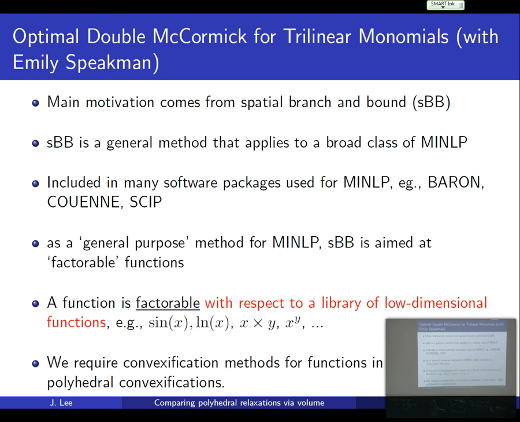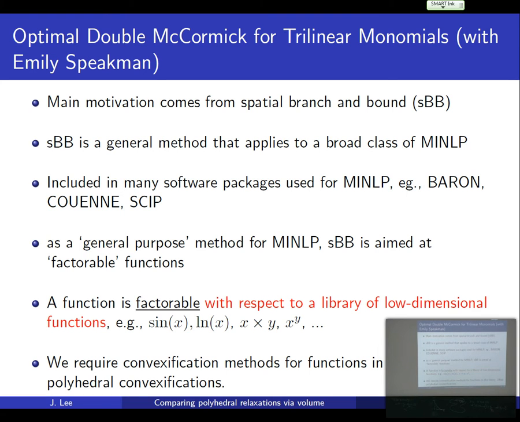These packages are all aimed at what are called factorable problems. A factorable integer nonlinear program means that you have a library of basic functions, you have convexification rules for those basic functions, and every function in your model is built up from basic functions.